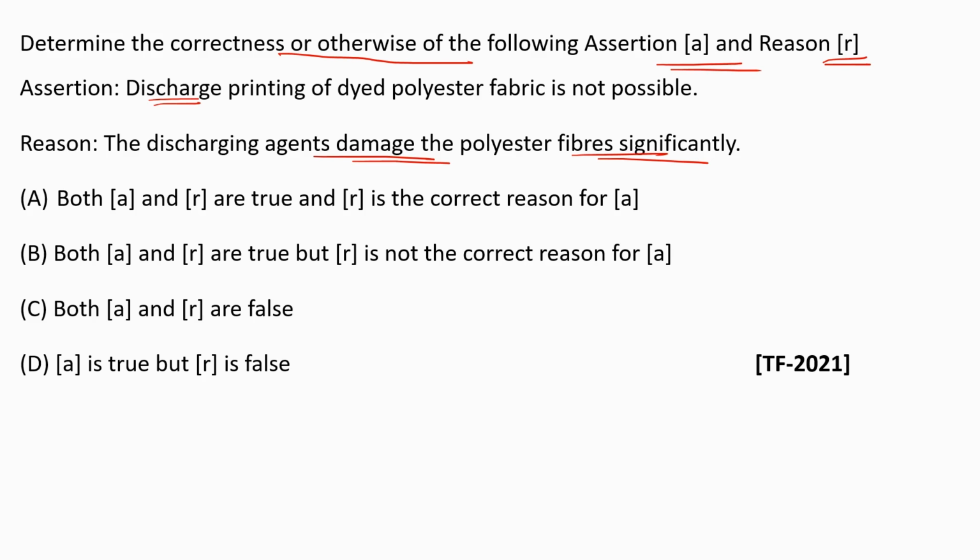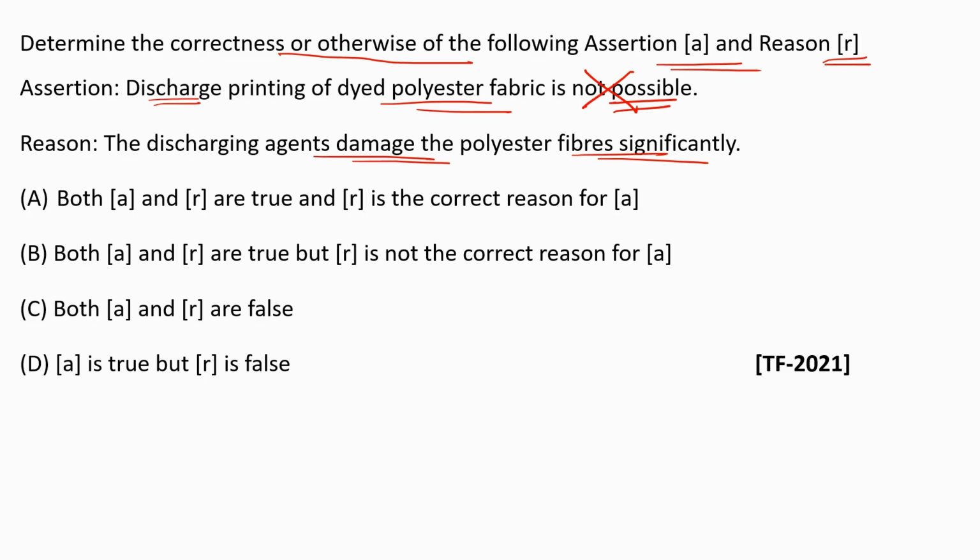So what it says, discharge printing for dyed polyester is not possible. It is possible, because discharge printing is done with the help of the reducing agent, dischargeable disperse dye, and non-dischargeable dyes in case of color discharge. So it is possible. The assertion is wrong.